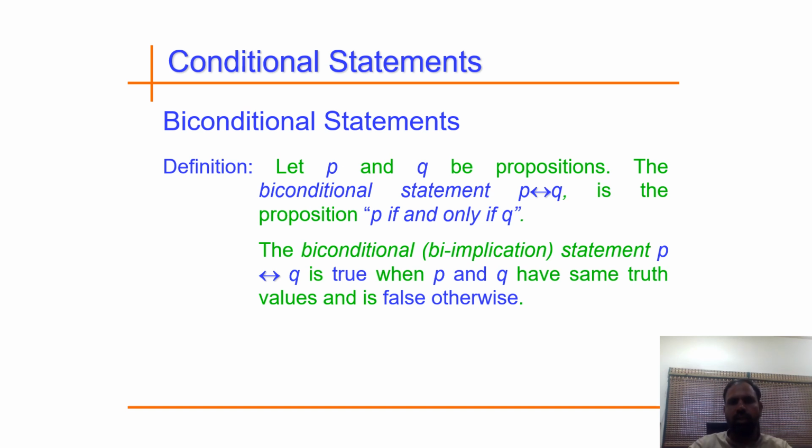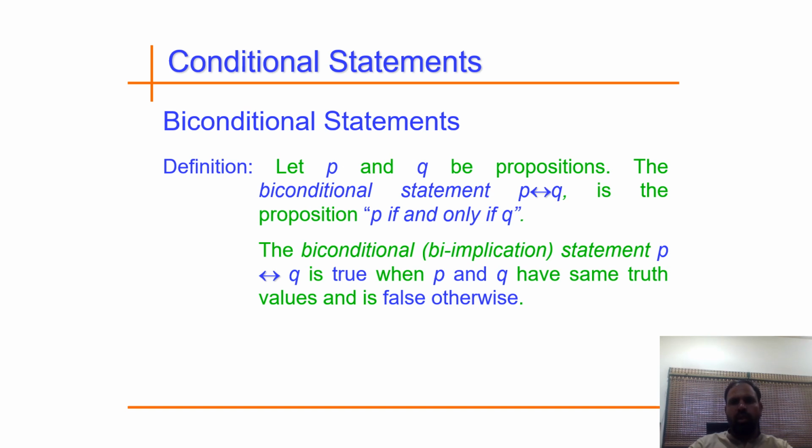So the biconditional statement, written with a double arrow, is true when P and Q have the same truth values and is false otherwise.